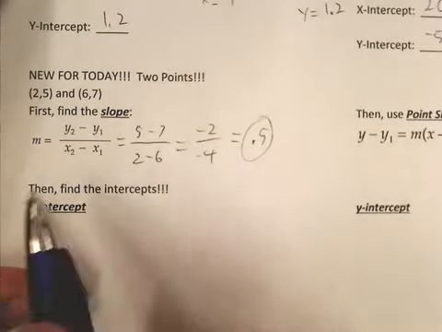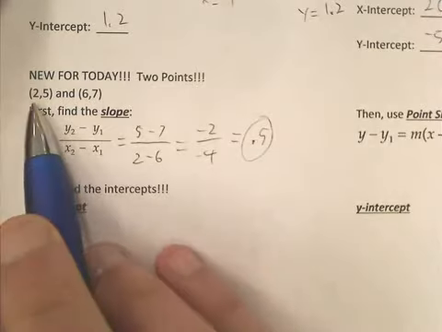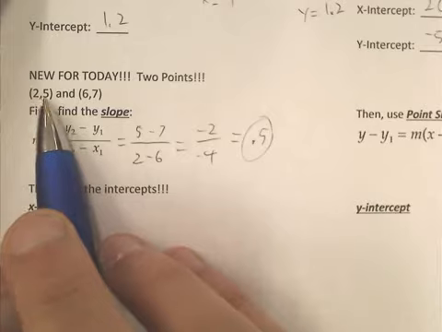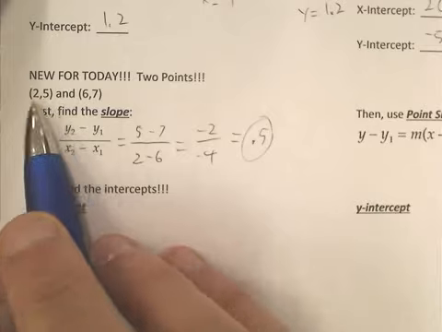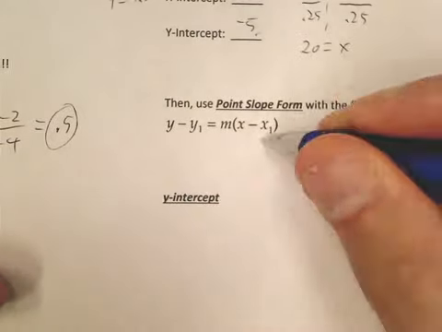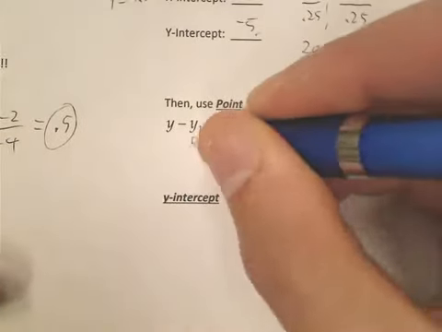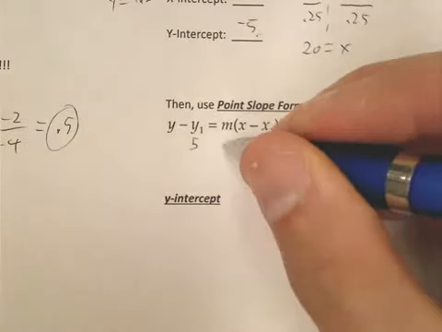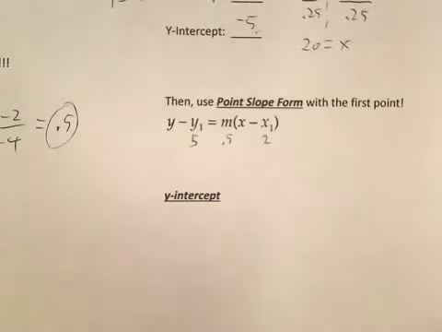Now, what I'm going to do is use the first point. I'm going to use the 2, 5. So remember, the 2 is the x-coordinate and the 5 is the y-coordinate. 2 is the x, 5 is the y. So let me come over here. I know the slope is 0.5. So let me give you a second to collect all that.